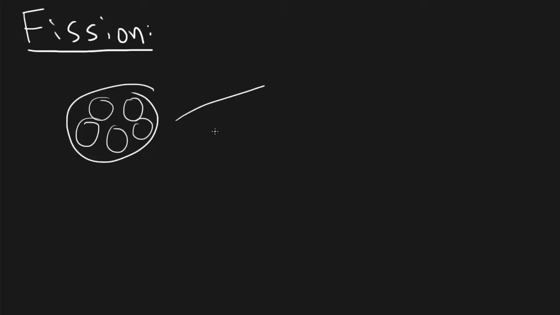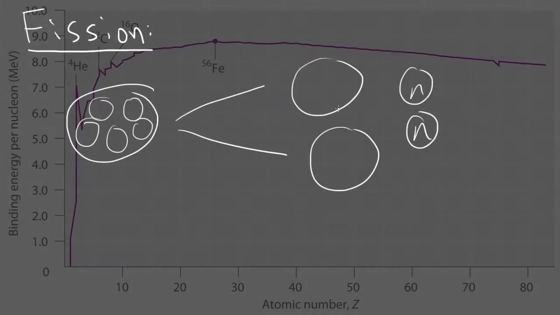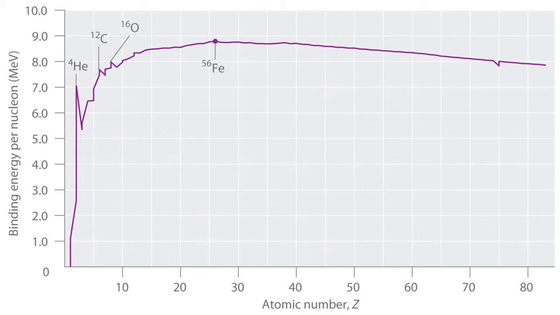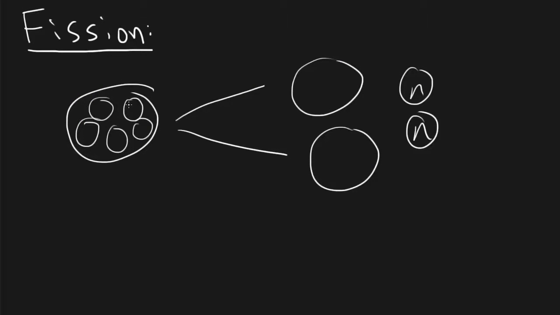When a nucleus undergoes fission, it creates 2 daughter nuclei and neutrons. Since the binding energies of the daughter nuclei do not total the binding energy of the atom that undergoes fission, we know that this difference is the binding energy released, which comes in the form of neutrons and photons.